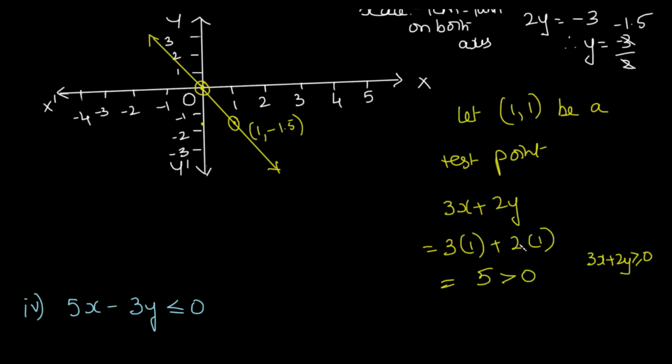That means 1, 1 satisfies the given condition of 3x plus 2y greater than or equal to 0. I hope you're getting what I'm telling. Okay. And then where is 1, 1 on this particular graph? 1, 1 comes over here. No need to plot that, but 1, 1 comes on this side of the line. If you can see what I'm pointing at, 1, 1 comes on this side, and therefore our feasible region includes the line as well as this particular region of the graph that is here. So this is our feasible region.